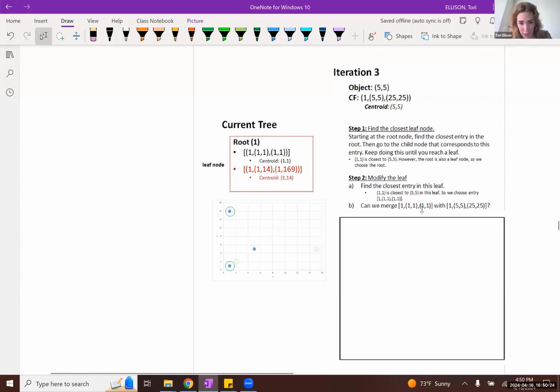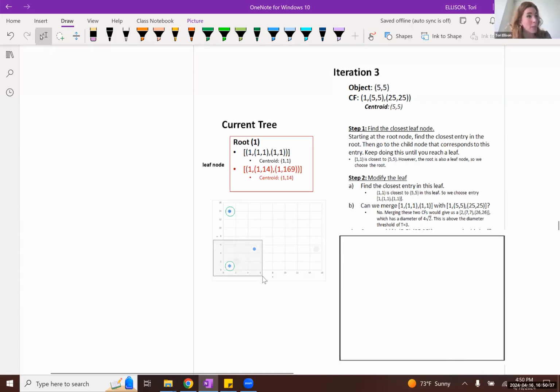So the next question is, would we be allowed to merge these two potential subclusters with each other? And the answer to that is no, because if we were to merge these two subclusters together, the resulting diameter, i.e. the average pairwise distance of all the points, unfortunately would be above 3. So we then ask, can we do the next best thing?